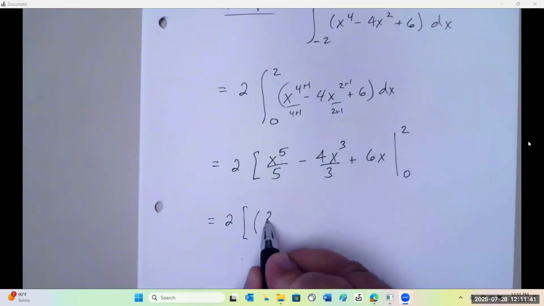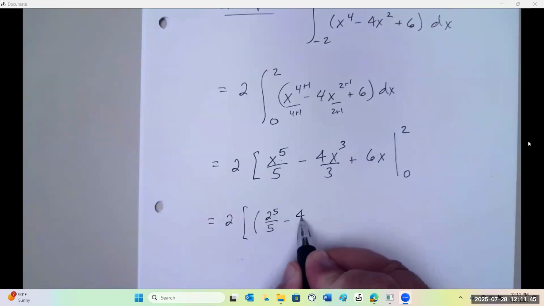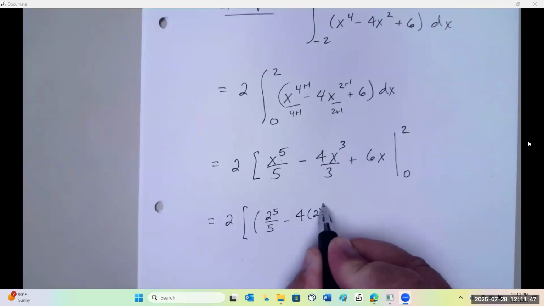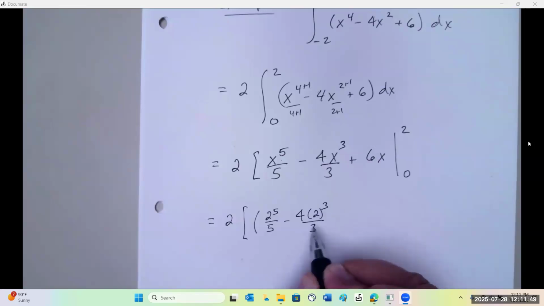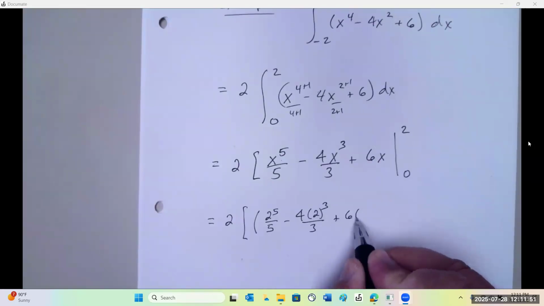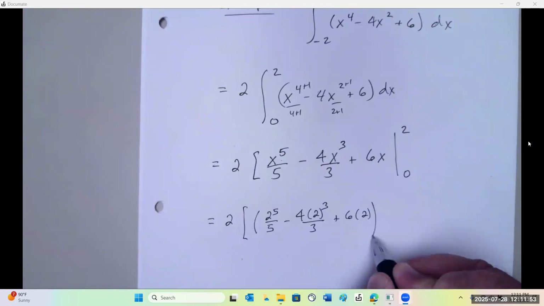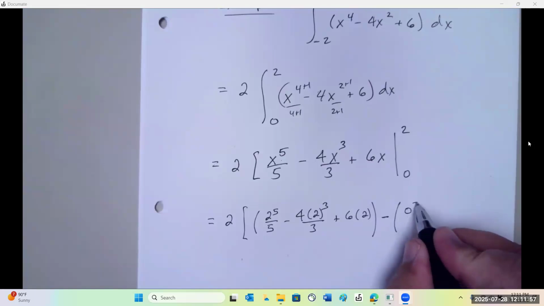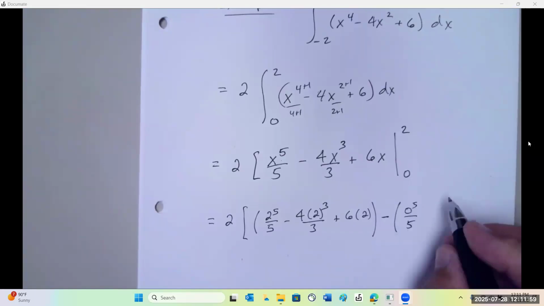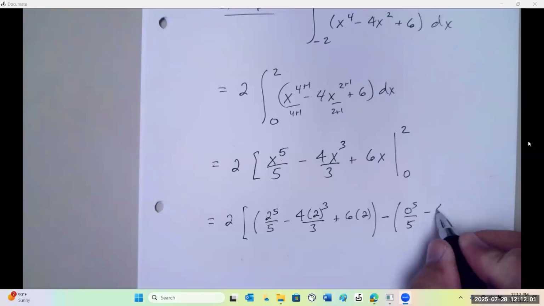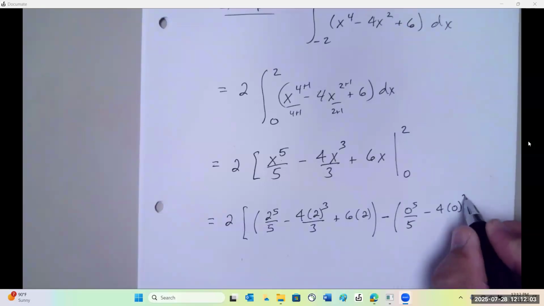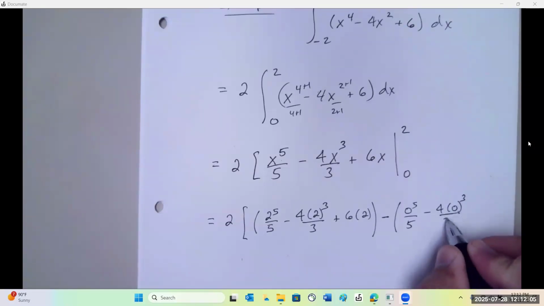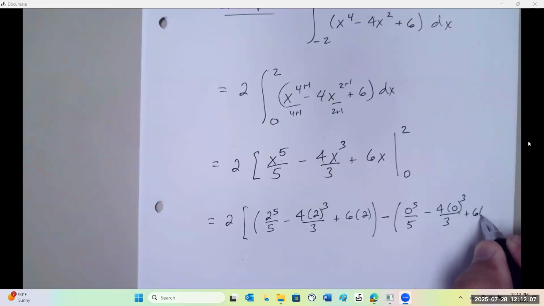Starting with 2, we have 2 to the 5th over 5, minus 4 times 2 to the 3rd over 3, plus 6 times 2, minus 0 to the 5th over 5, minus 4 times 0 to the 3rd over 3, plus 6 times 0.